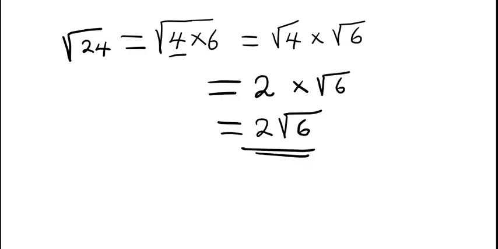Okay, let's also take a look at another example. We have square root of 18. We are going to look for a factor pair that one of them is a square number.